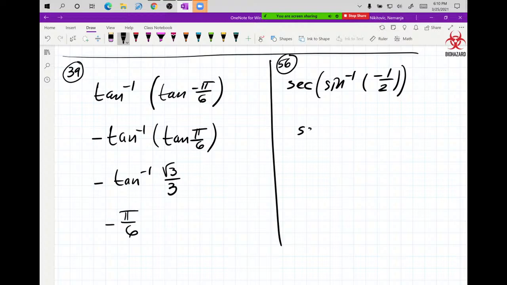So, I need a triangle. So for this triangle, you pick any triangle, doesn't matter. Put theta somewhere. Hypotenuse. So opposite and the hypotenuse.